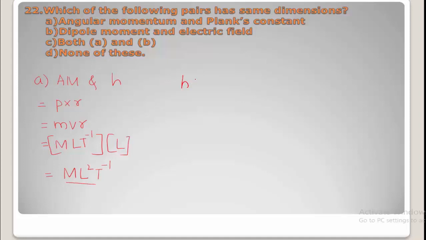For Planck's constant h, h is equal to E by nu, where E is the energy and nu is the frequency. The dimensional formula for energy is M L squared T raised to minus 2, and frequency is given by T raised to minus 1. So what does it become on simplification? M L squared T raised to, here it is minus 2 and in the denominator it is minus 1.